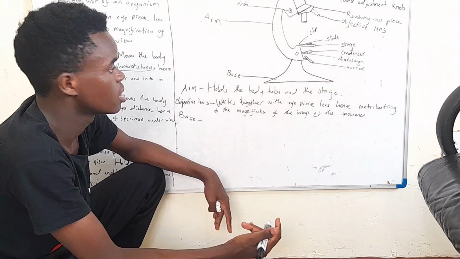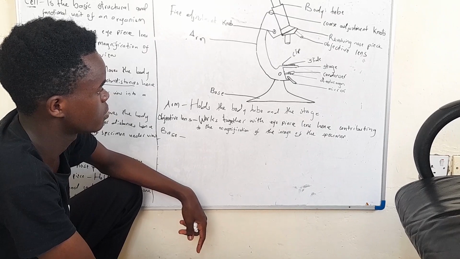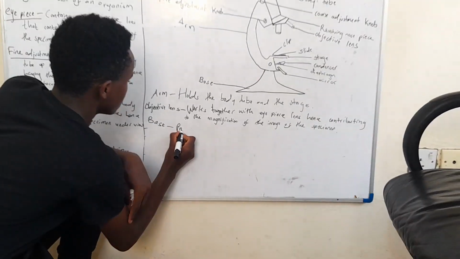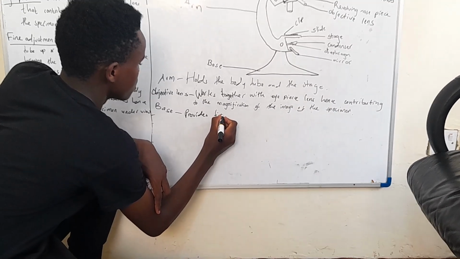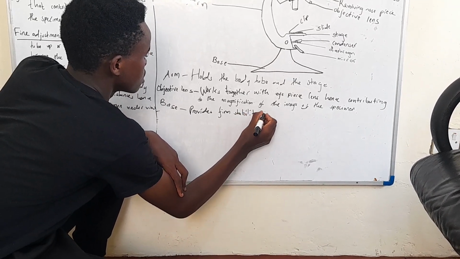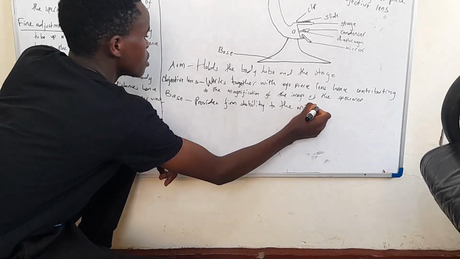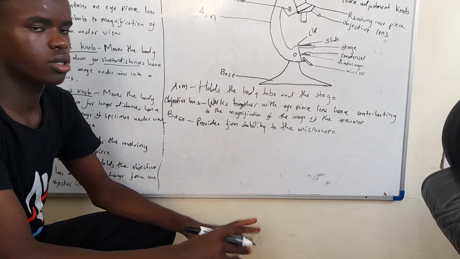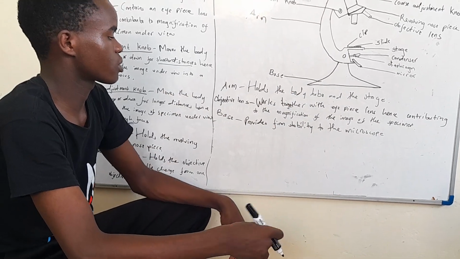So it provides firm stability to the microscope. As you place it on the bench, it enhances the stability of the microscope.